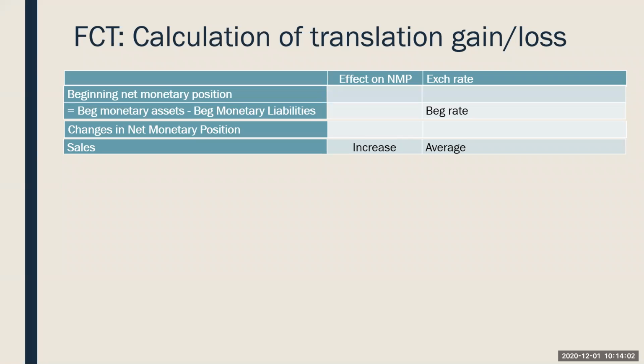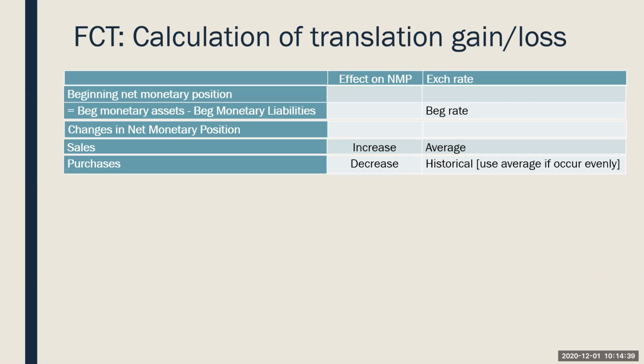So a compromise can be achieved by using an average rate to translate the sales value. A proviso here is that the exchange rates should not have been too volatile during the year. If they were, then we cannot use an average rate, and we'd have to do something else. That unfortunately is beyond the scope of what we are looking to cover here. So in most examples that we work through, we will be translating sales using the average rate.